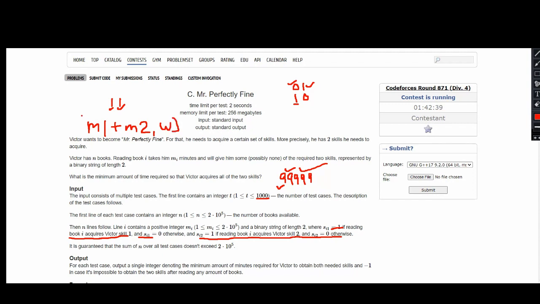This condition is taken into consideration because we may not get both ones from this book alone; they can come from different books.